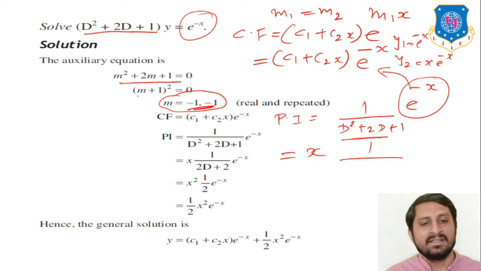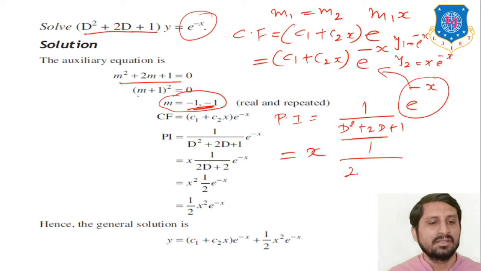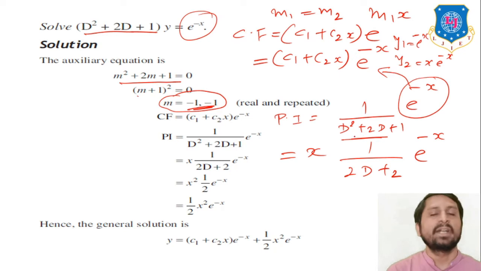So in that case we have to multiply with x square and differentiate two times. The first differentiation gives 2D plus 2 into e raised to minus x. Also you can see that when we put minus 1 directly, minus 1 whole square is 1, 1 plus 1 minus 2, so the denominator becomes 0, and the denominator must be non-zero, otherwise we cannot put the value.